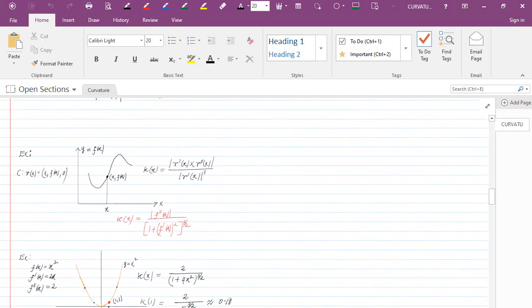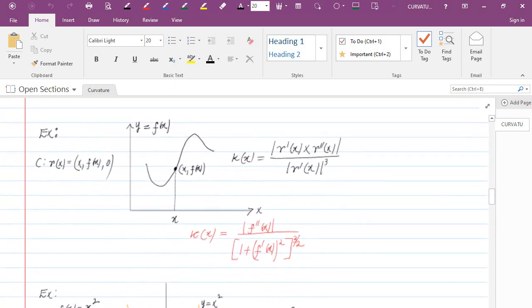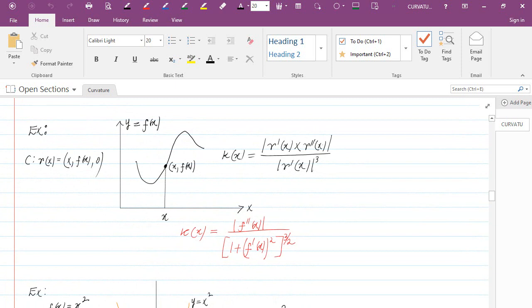Okay, so let's say now that I have the curve C, which is the graph of the function f of x.